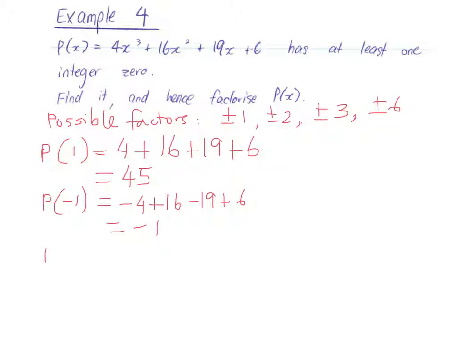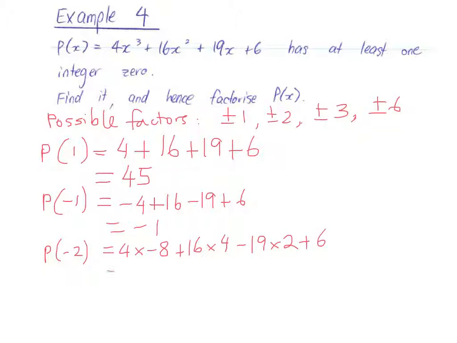Let's try p of negative 2. P of negative 2 becomes 4 times negative 2 cubed, which is negative 8, plus 16 times negative 2 squared, which is positive 4, plus 19 times negative 2, which becomes a negative, and then plus 6.